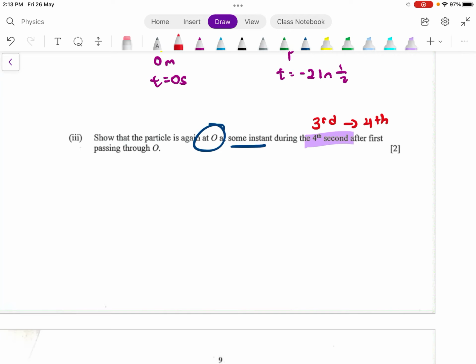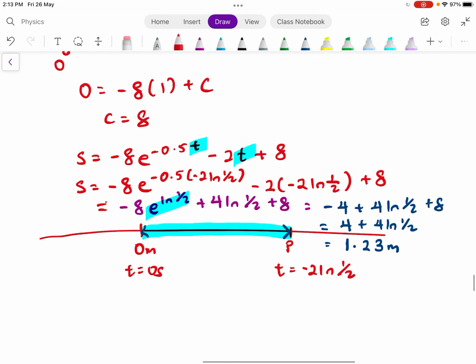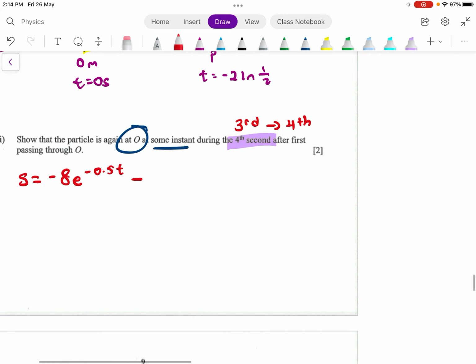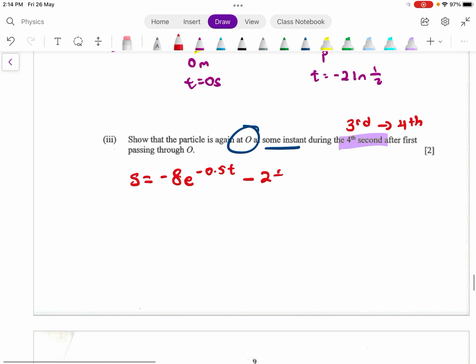So how do I solve? Same idea, I need to make use of the displacement-time equation. Displacement is equal to negative 8e^(-0.5t) minus 2t plus 8. Let me just sub in 3 first, so time equal to 3 seconds.